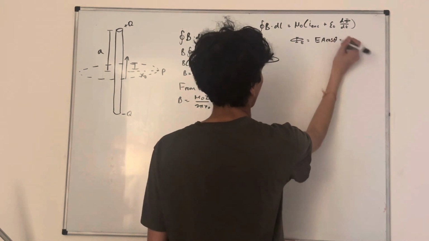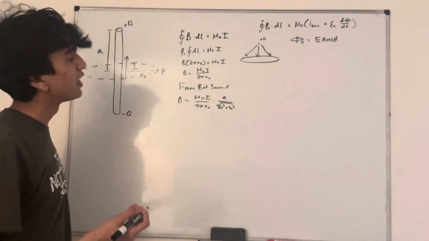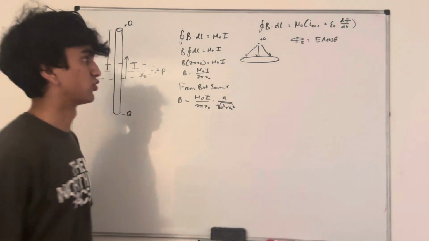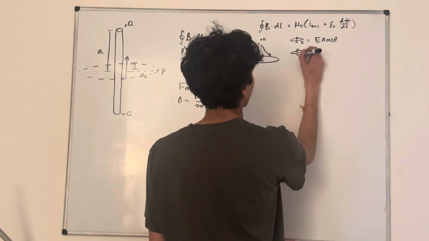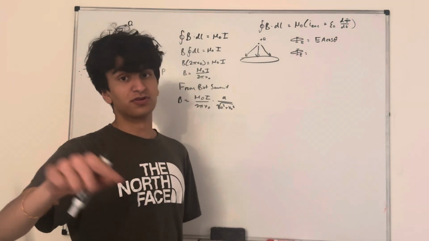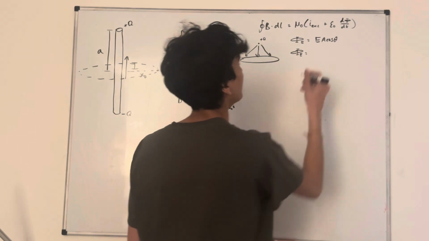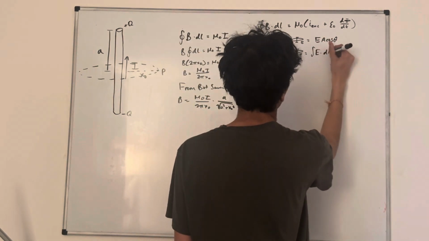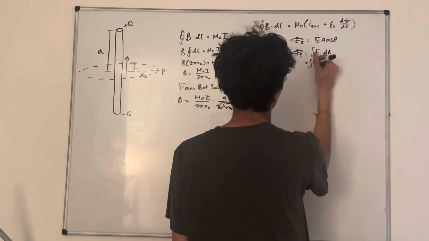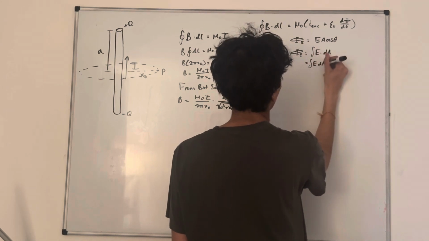It's a dot product, so the angle changes. So we have to take the integral. Unfortunately, or if you're into this stuff, fortunately, you're going to have to take the integral of E dot dA, or specifically the integral of E dA cosine theta.